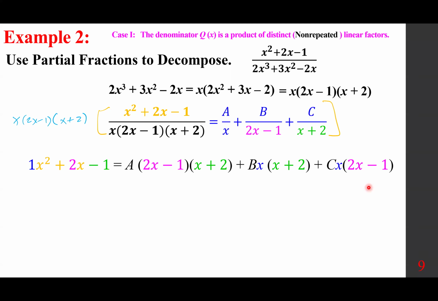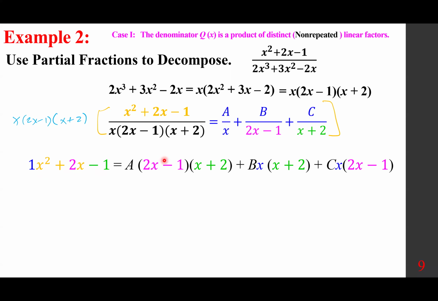Now notice, on purpose, I put 1x squared, 2x, and minus 1 so we can understand what's going to happen to this. The methodology is to collect like terms, and anyone who has x squared involved, the coefficient must be 1, x must be 2, and a constant must be negative 1.